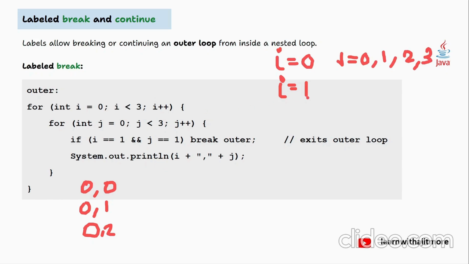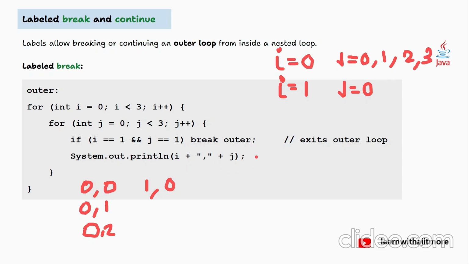I will become how much? 1. Is 1 less than 3? Yes, come inside. And again the J loop starts. What is J? 0. Is 0 less than 3? Yes, come inside. But is this condition true? I is 1, but J is not 1. Therefore, come down and print. What will it print? 1, comma 0.